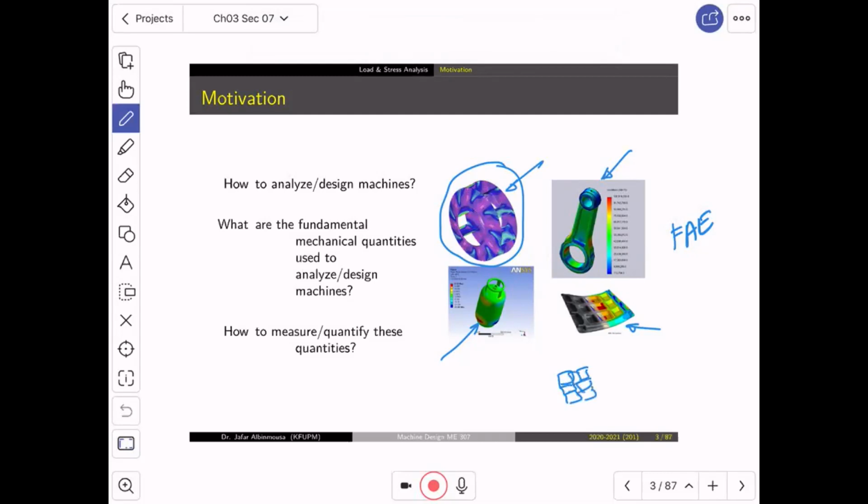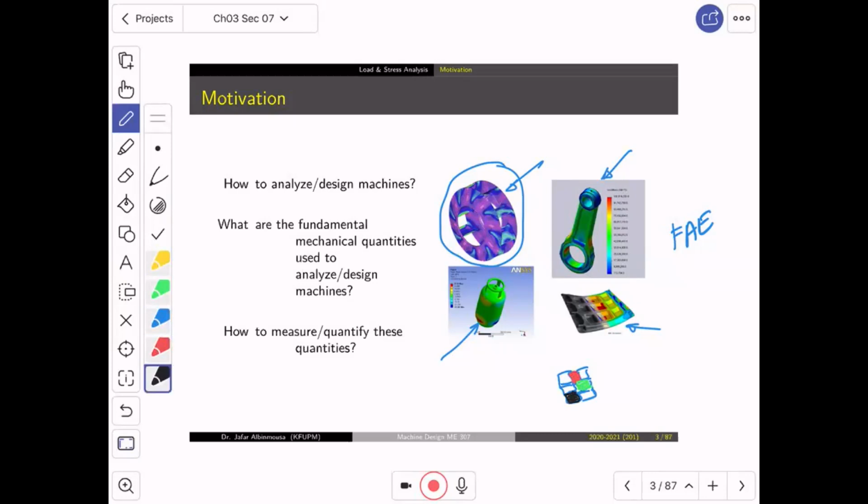Now, all you need to do is know the relation between these elements and know how to find the stress in one single element. So if you look at this element and you can identify the stress, and then you look at this element and identify the stress, and then this element, and so on.